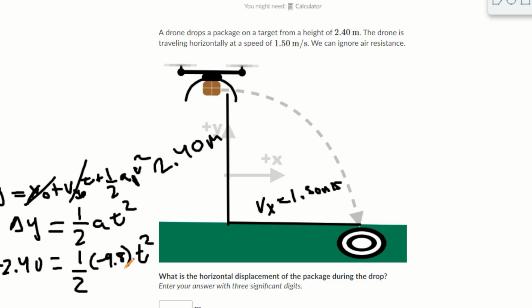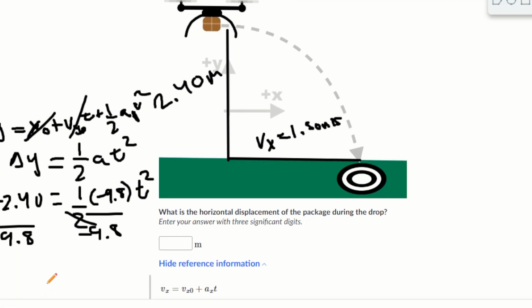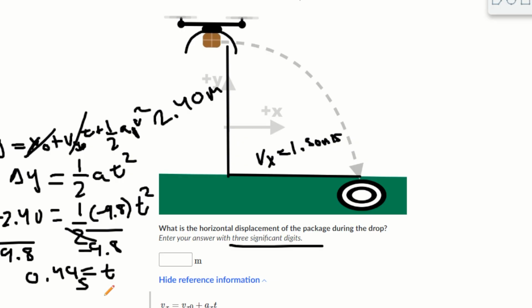Getting t by itself, you'd multiply by 2 and divide by negative 9.8. Doing that gives us 0.49 seconds, but don't forget this is t squared, meaning we have to take the square root. Taking the square root of 0.49 gives us t is equal to 0.7 seconds.